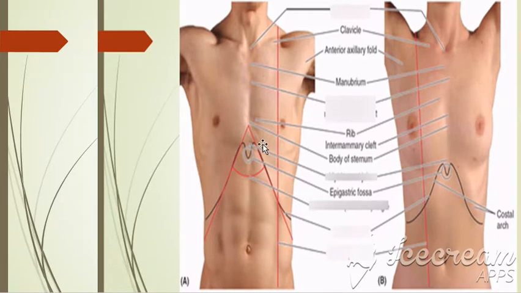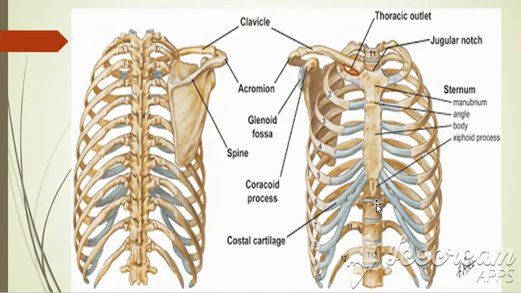The depression at the angle is known as the epigastric fossa, and here in this portion the epigastric fossa is present. So the xiphisternal joint is present just above the epigastric fossa.